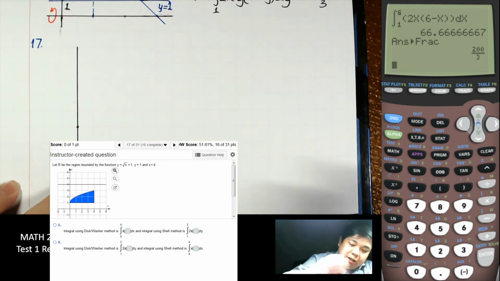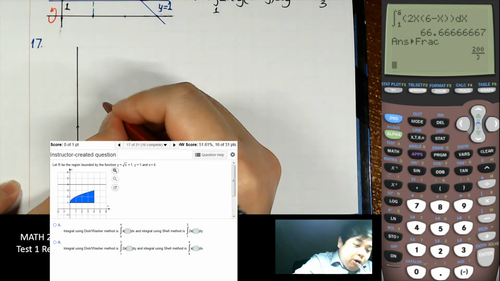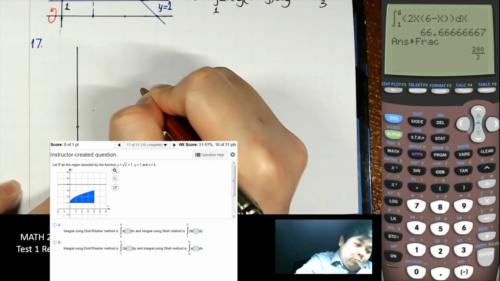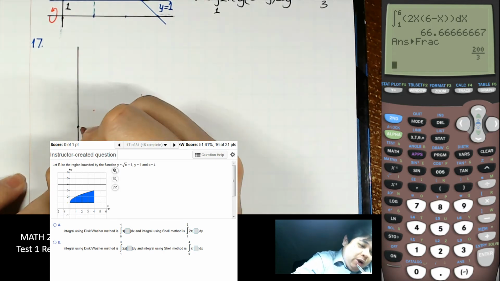And also on the problem that I create, usually I will give you the graph, so you don't have to worry about it.